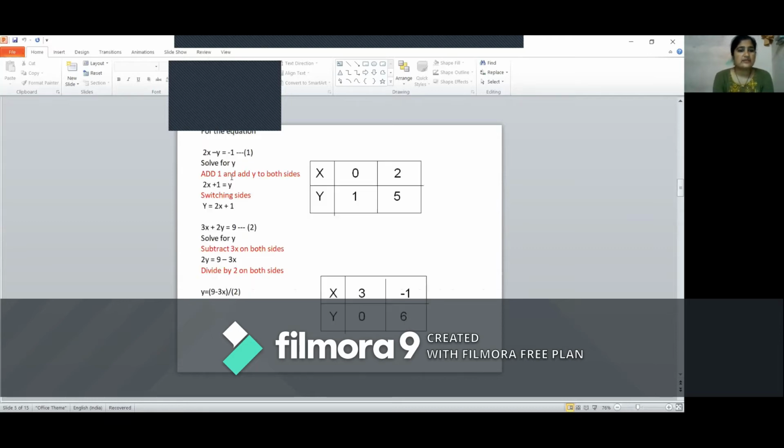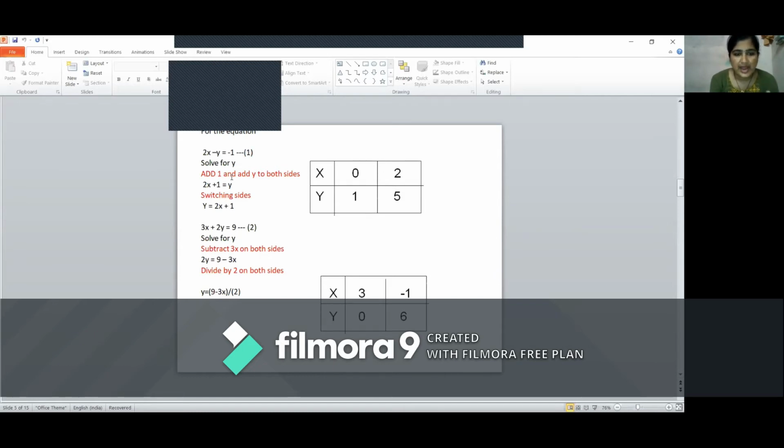So here is the first equation, that is 2x minus y is equal to minus 1, right. Now we have to find out y in terms of x, that's why we have to add 1 on both sides, and also y on both sides, so that we can cancel out y from LHS and we can get y on RHS.